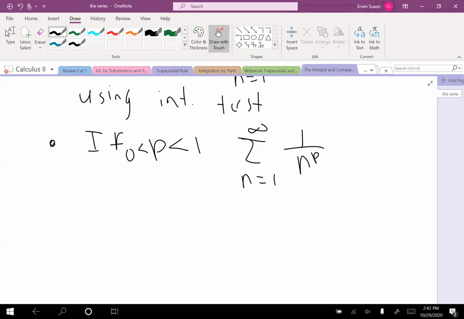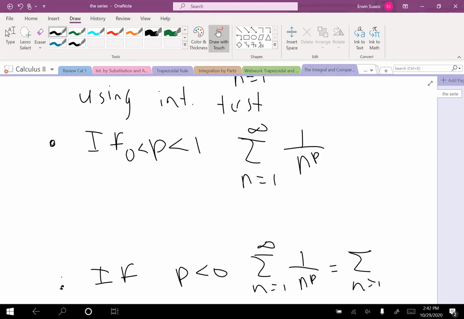Because if p is less than 0, this is going to be divergent. If p is less than 0, the sum from n equals 1 to infinity of 1 over n to the p is really something like the sum of n to the minus p.